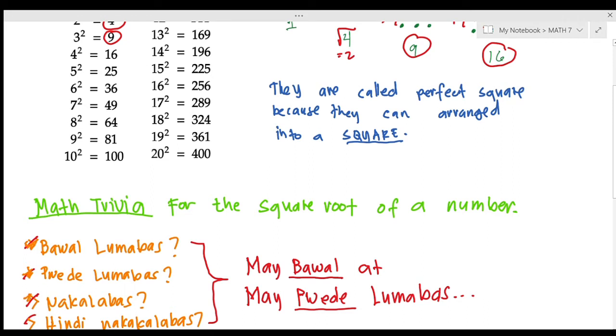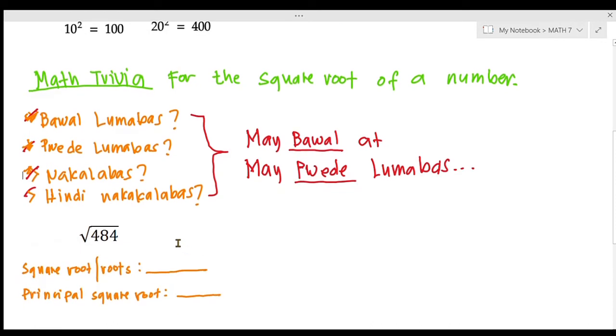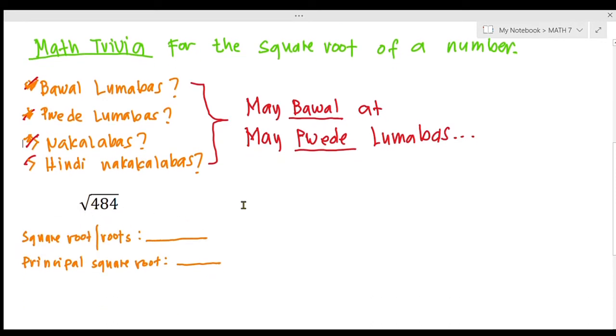Here, we're dealing with numbers. Let's start with this number: the square root of 484. How are we going to find the root of 484, or the square root of 484?